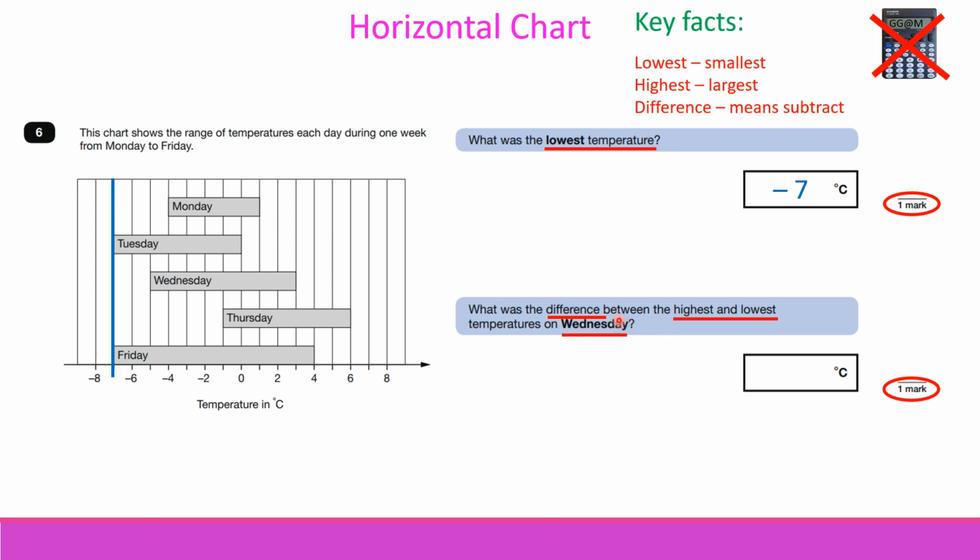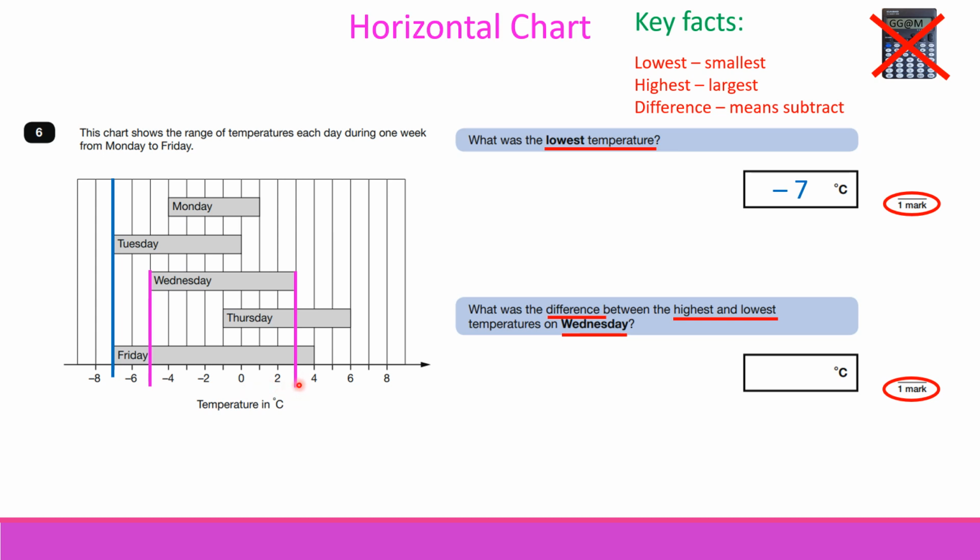The second part of the question wants to know the difference between highest and lowest temperatures on Wednesday. So we need to find Wednesday. So we need to identify the lowest temperature, which is at this point here. So we can count 0, -1, -2, -3, -4, -5. So the lowest temperature is -5. And the largest temperature is 0, 1, 2, 3.